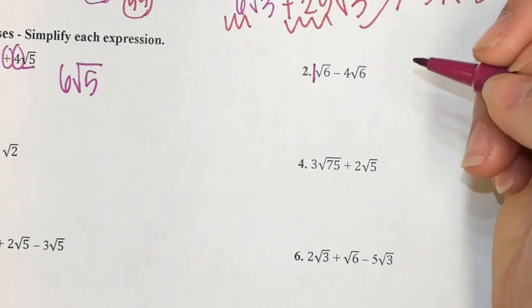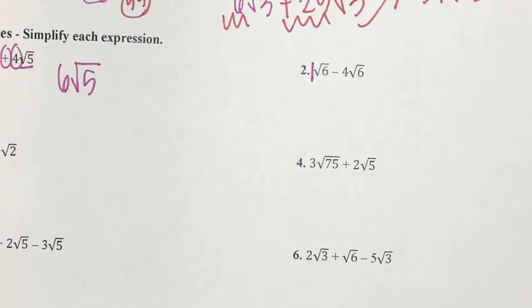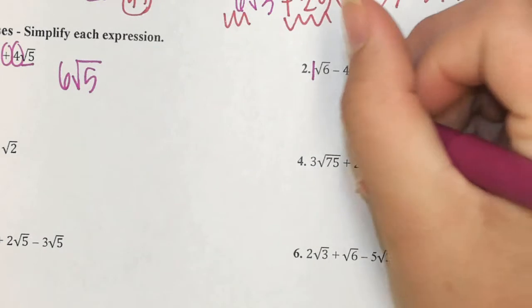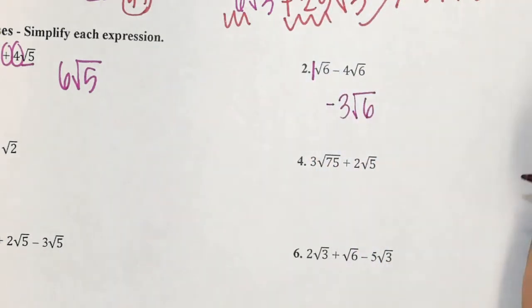So 1 minus 4 is negative 3 square root of 6. 6 only breaks down to 3 and 2. There's nothing to circle.